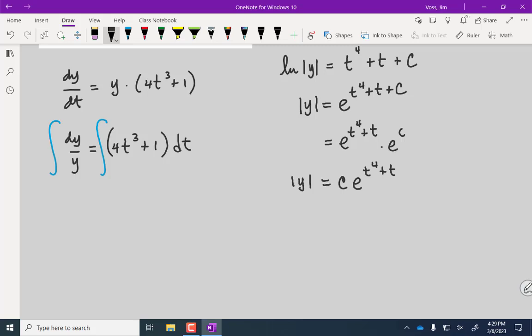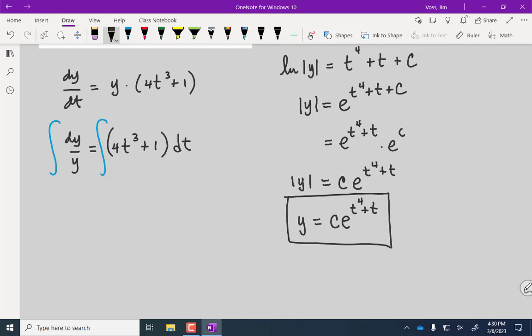Now, absolute value of y is either plus 1 or minus 1 multiplied by the right-hand side. So it's a number times c, which is a number. So here is how we can get rid of the absolute value. As soon as we have that leading constant on the right, it can suck up the plus 1 or minus 1 that an absolute value is equal to.